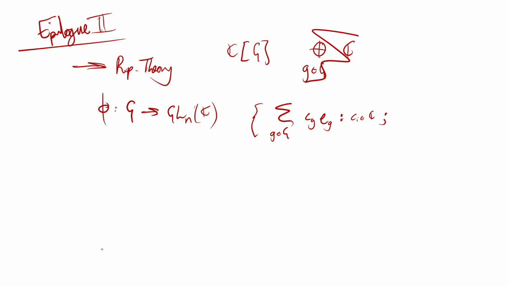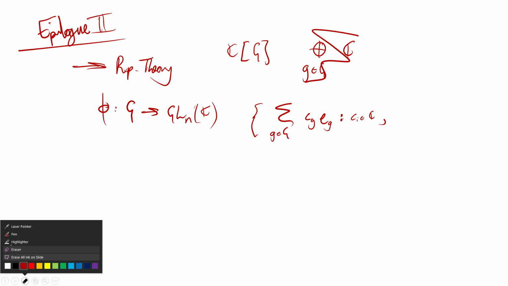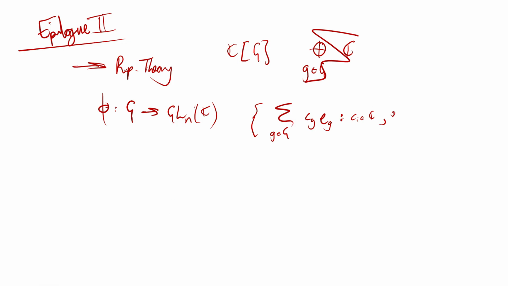e_g multiplied by e_h is e_{gh}, where gh represents the group action.